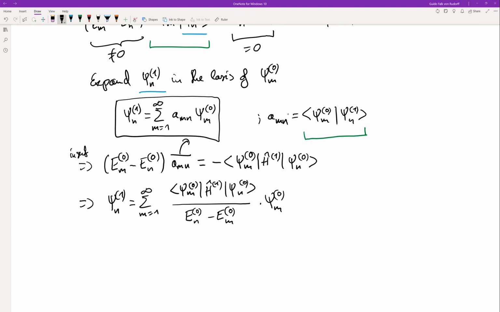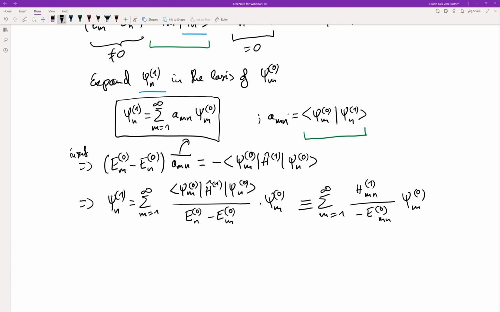And before that, you might remember we had this definition defining the matrix element of the perturbation. We do the same thing here. So the three bars mean defined as, so that would be the sum from m is 1 to infinity over the matrix element mn, divided by Em0 minus En0, times psi m0.